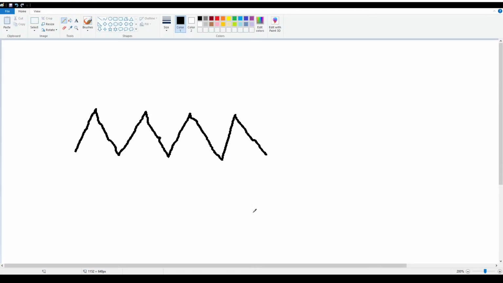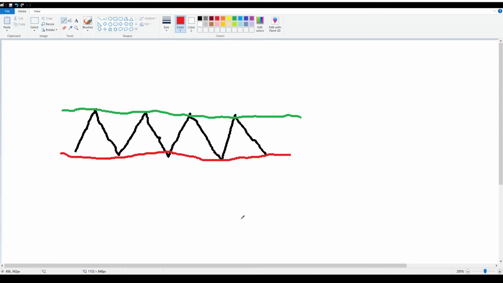In a sideways market, there are two levels. Remember, the market is moving in between two levels. So if I were to draw a horizontal line at the top of this range, and a horizontal line at the bottom of the range, we'd clearly see which levels the market is playing around.